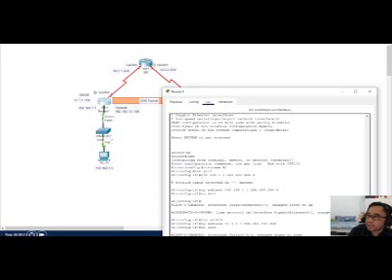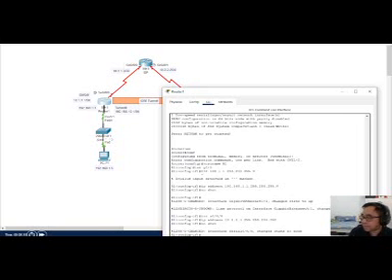So the route is going here to the ISP. So let's put the ISP IP address, 10.1.1.2, correct? 10.1.1.2. Okay, IP route.